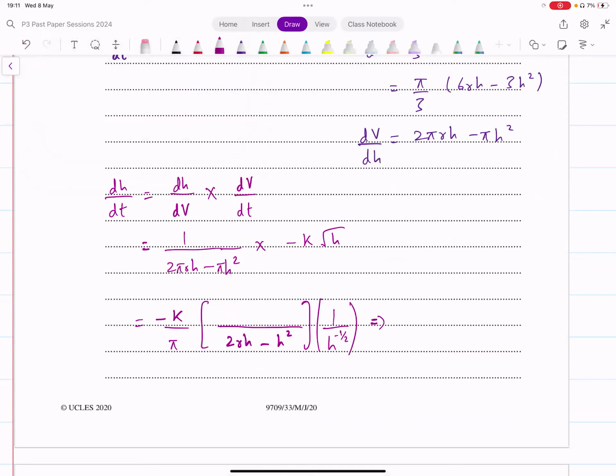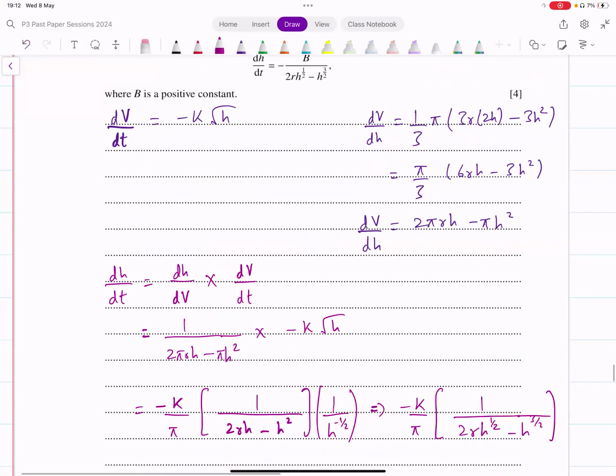Now if I multiply that inside, that gives me minus k over pi into 1 over (2rh raised to the power 1 minus 1/2 minus h² into h raised to the power minus 1/2). 2 minus 1/2, the power becomes 3/2. And that is what we wanted in the denominator there: 2rh^(1/2) minus h^(3/2).